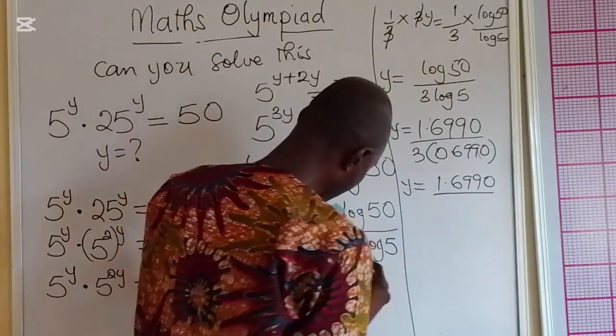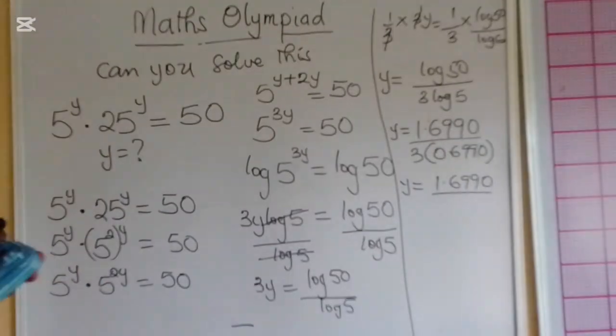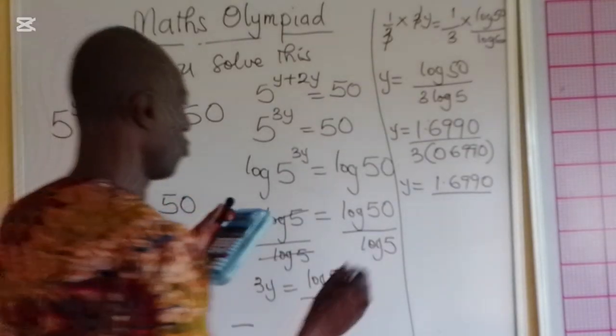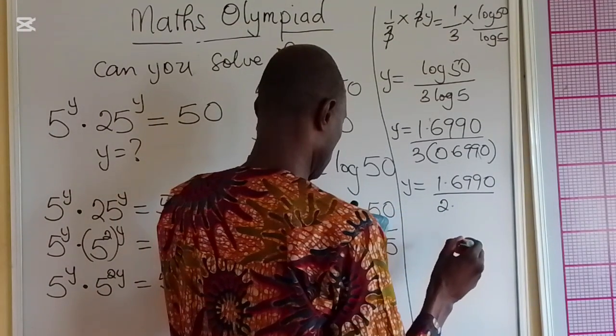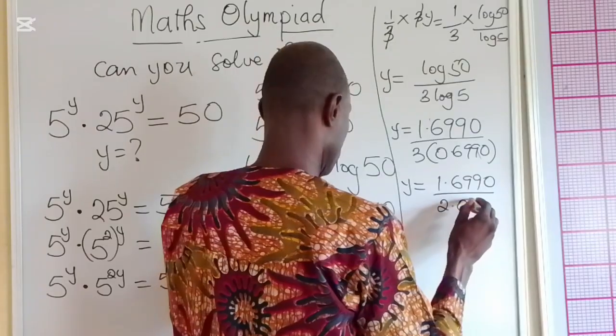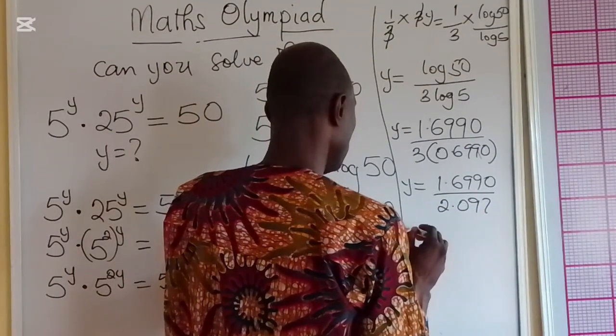So now, y will be 1.6990 over. So what is now 3 times 0.6990? It gives us 2.097. Okay?